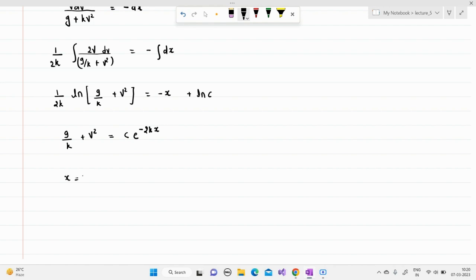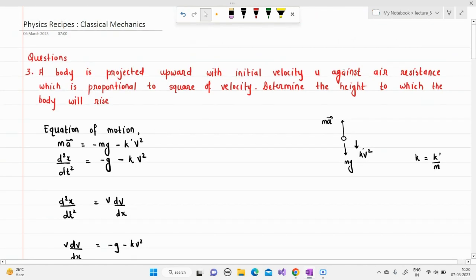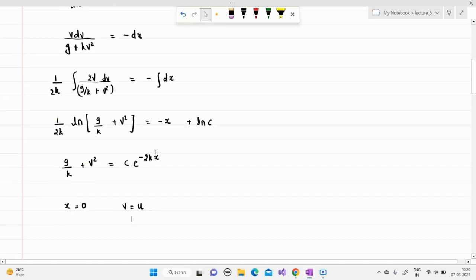So say when x is equal to 0, v was the initial velocity, and it is given in the question itself that we have the initial velocity. So when the body was projected upward, its initial velocity is u.